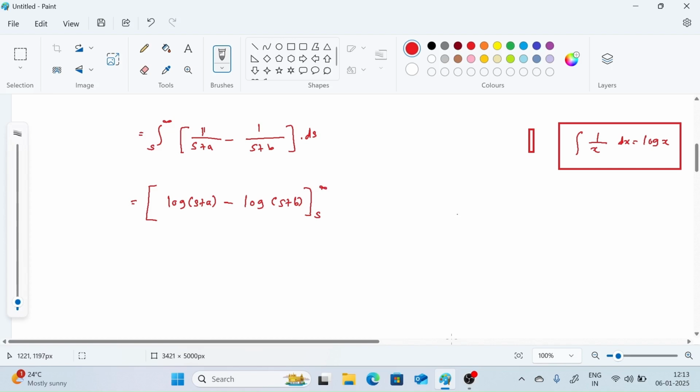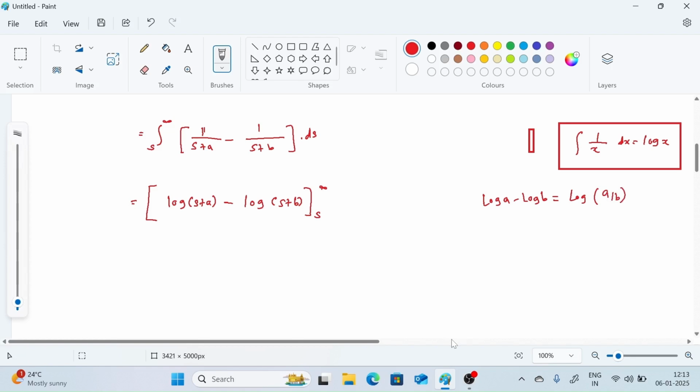Now again, in 11th and 12th standard we have learned one more formula: log a minus log b is equal to log a by b. This formula we have learned in 11th and 12th.